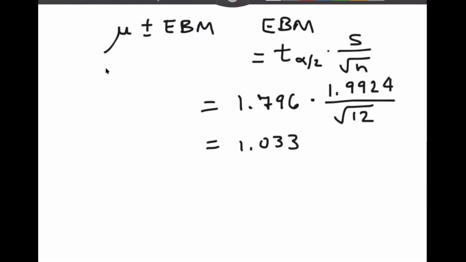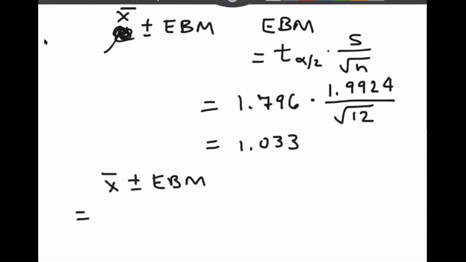Oops, I'm sorry, I made a mistake up here. This should be x bar. X bar plus or minus the error bound. There we go. Okay. All right, so x bar then plus or minus the error bound. X bar was, let's see, I was just looking at it here a second ago. .83, I believe.